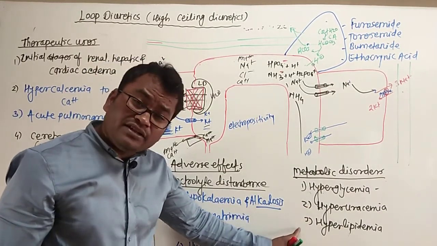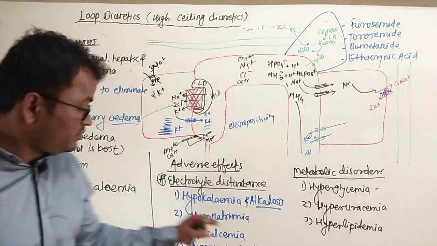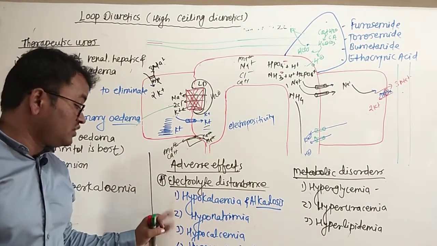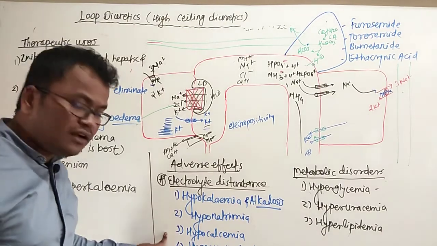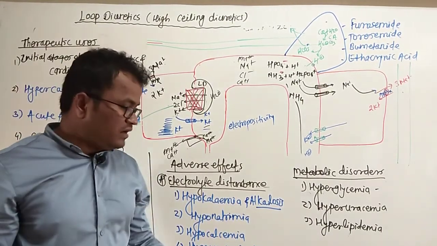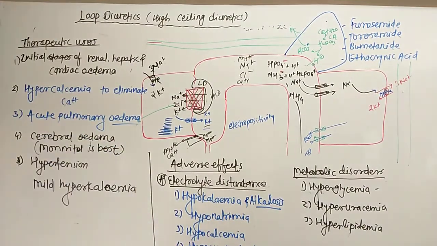If you take it for a longer duration, then these adverse effects occur. But these effects are shown in the body after 1 or 2 days if you take a higher dose of loop diuretics.